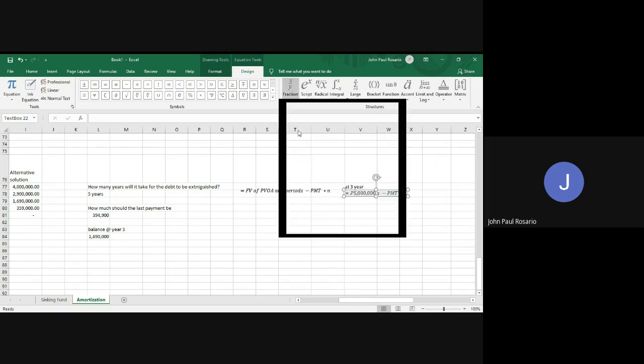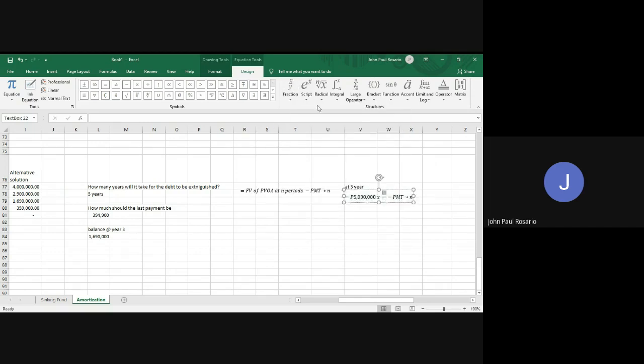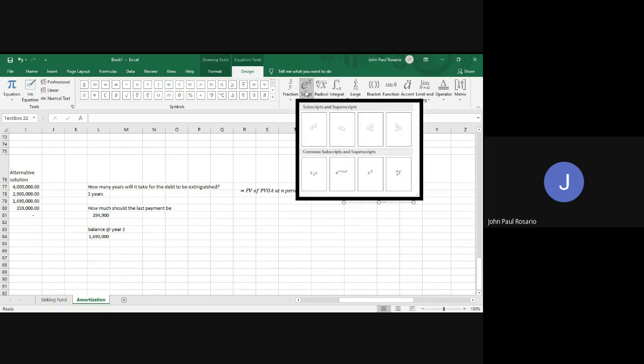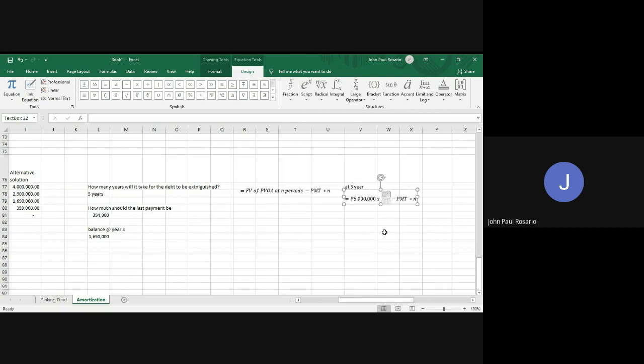And that is correct. Let's go crazy. So this is 1 plus I raised to the power of negative 3 years. This one over 1 plus 0.10.